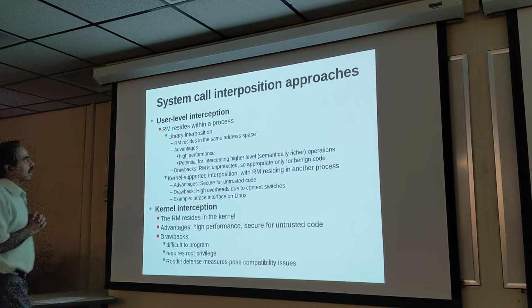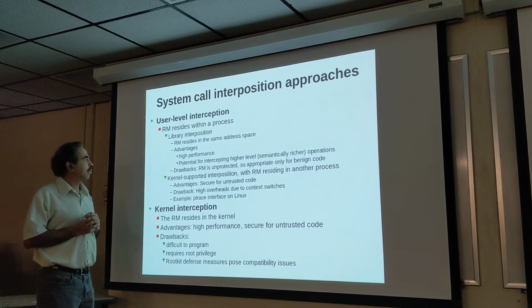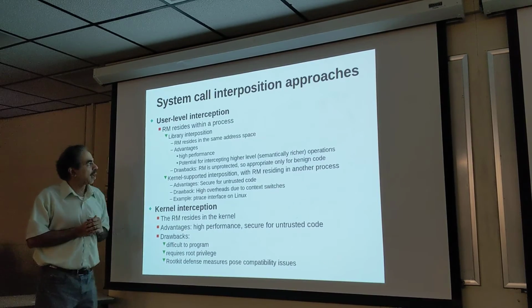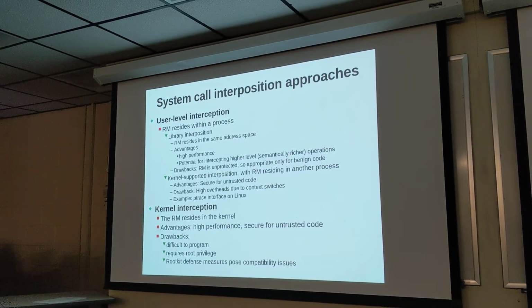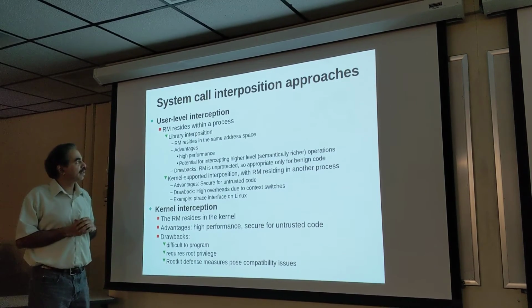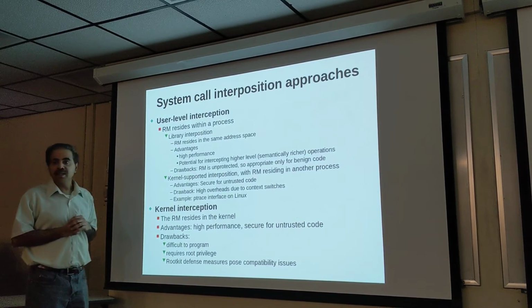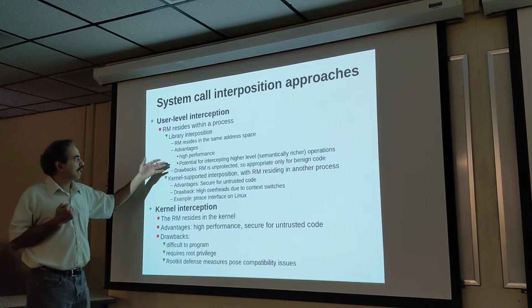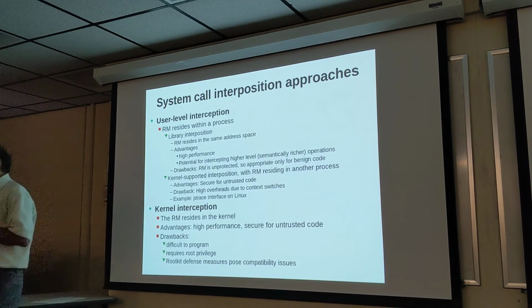Okay. On the other hand, if you're not too worried about this problem that the checks could be subverted, then you have an advantage to doing library interposition, which is that again, there is no context switch of any kind, and so the checks are quite efficient. Not only that, you also have the advantage that the data that you want to check is readily available, right?